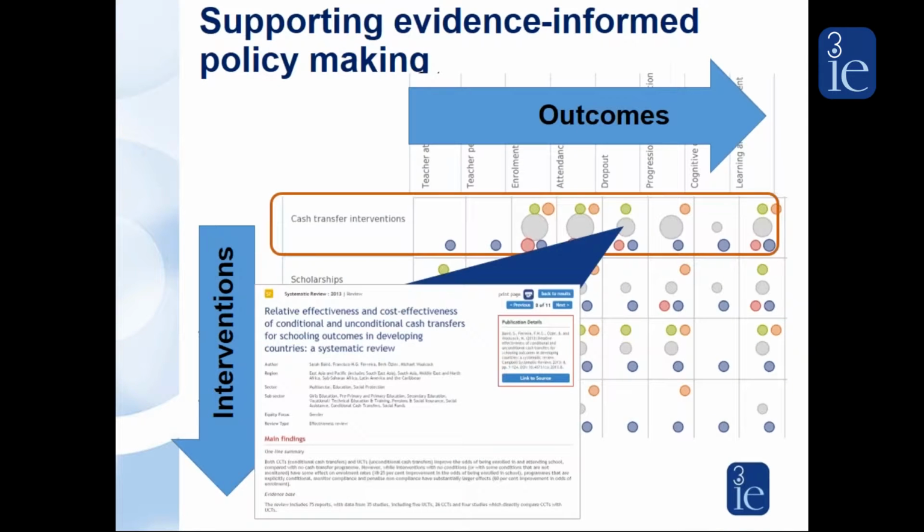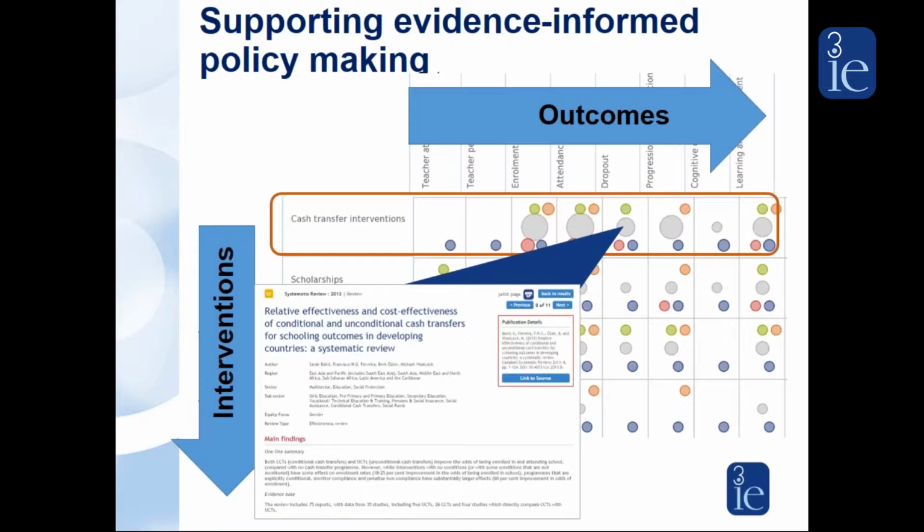And then the second way that evidence gap maps can be used is to support the use of evidence to inform policy making or decision making. So we know that policy processes move quickly, and there isn't always enough time to wait for new impact evaluations or systematic reviews to be completed.